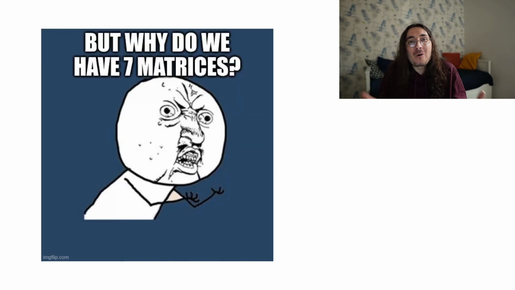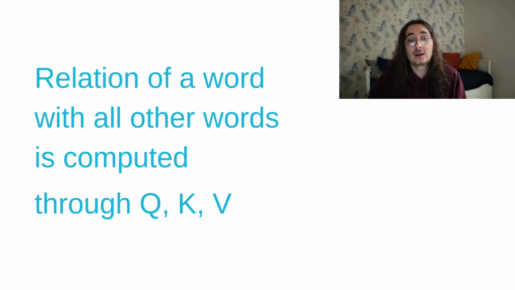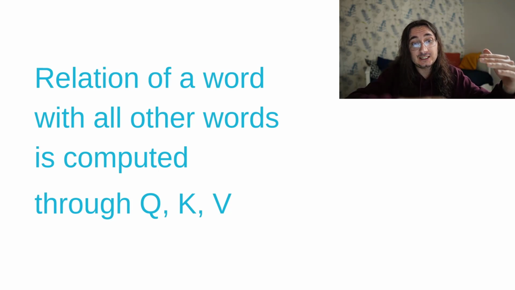Okay, but now, all of a sudden, for this self-attention mechanism, it turns out that we have 7 matrices. Input matrix, Q, K, V, and then we have the weight matrices for Q, K, and V. It's a lot of things, but why do we need them? Well, the reason is that using these matrices, we can create the relations of a word with all the other words.